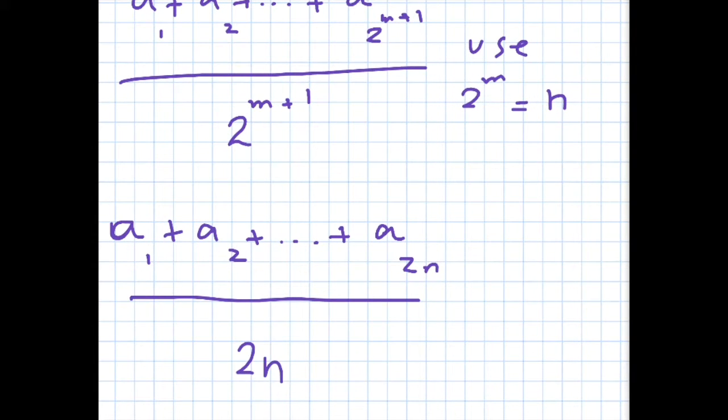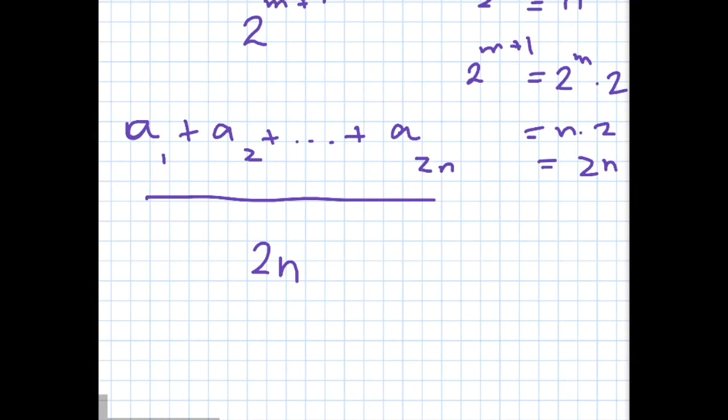Why? Because if 2 to the m is n, then 2 to the m plus 1 is equal to 2 to the m times 2, which is n times 2, which is 2n. So this was straightforward.